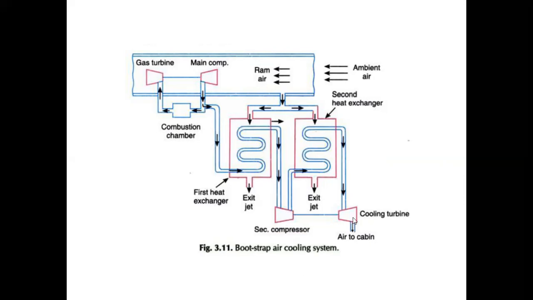Some of the air passes to the cooling turbine, where it circulates and provides driving force to the air that passes to the second heat exchanger. Ultimately the cool air passes to the cabin.